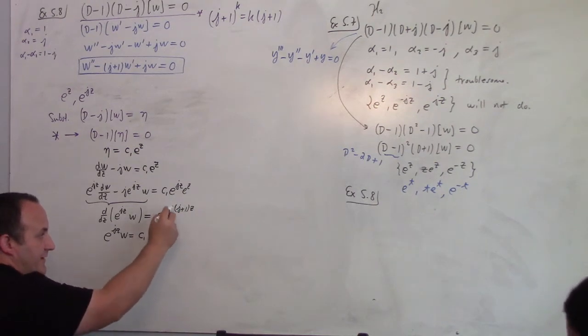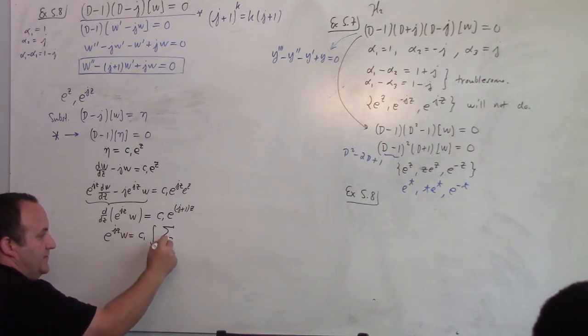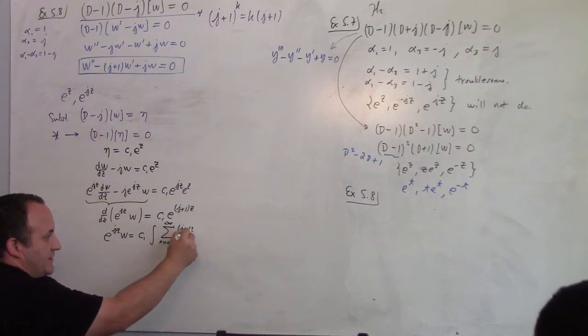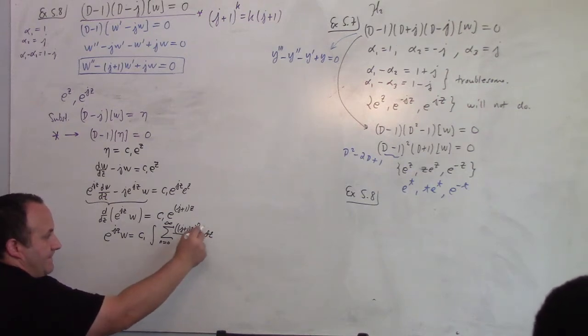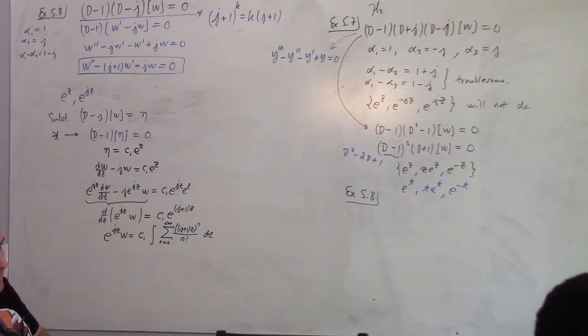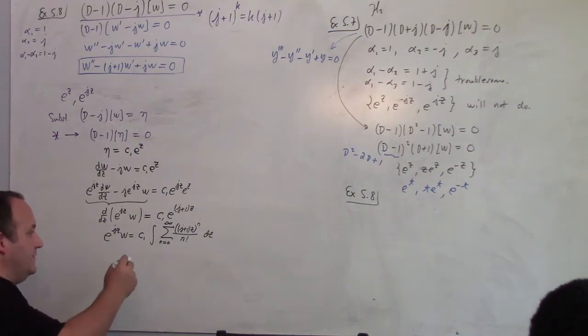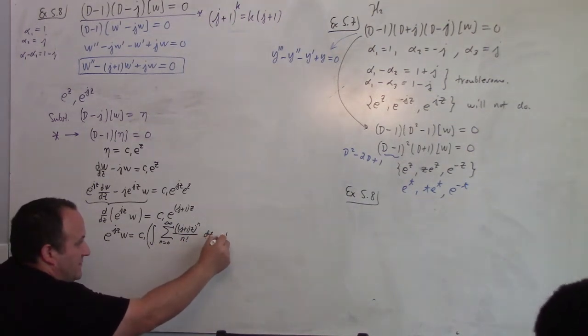I'm going to rewrite that as the sum n equals 0 to infinity of ((j plus 1)z) to the n power over n factorial dz. And by the way, if I'm going to do that, I really should say plus a constant.